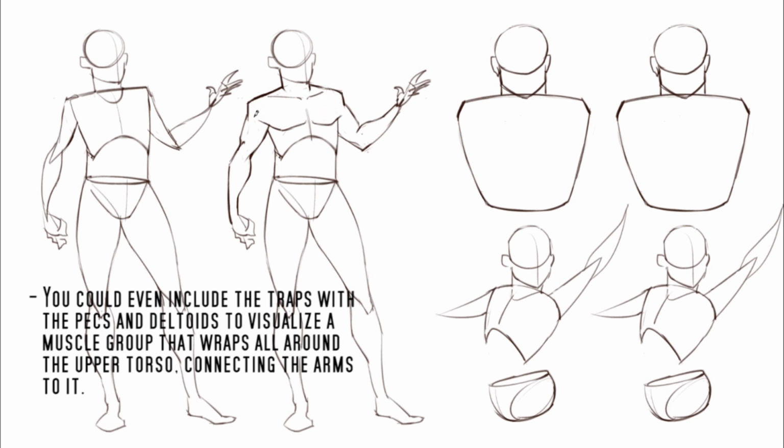So if you separate the shoulder muscle somehow from the pecs, it's going to start looking like the arm is kind of separated from the torso.